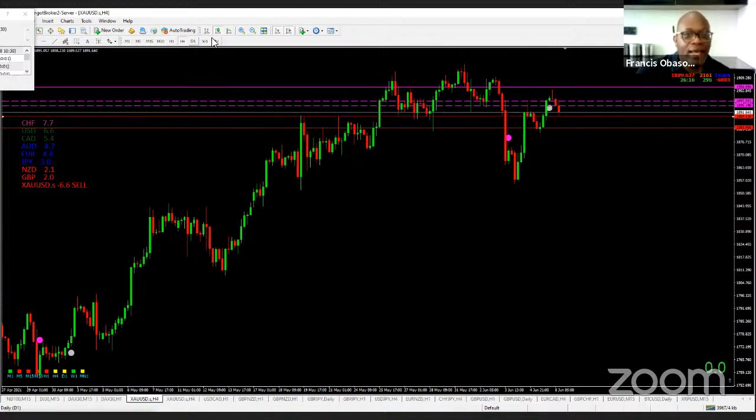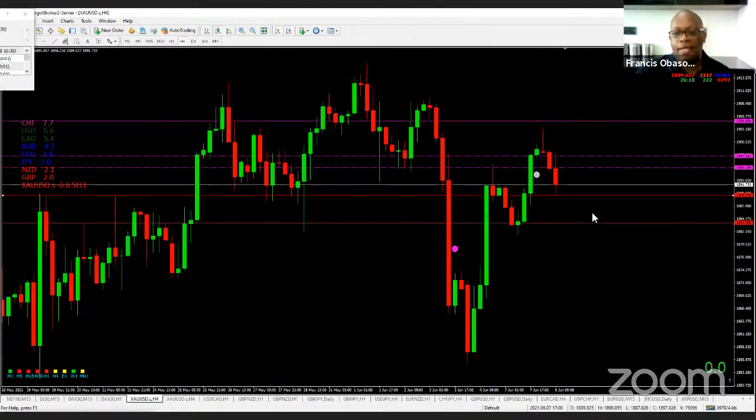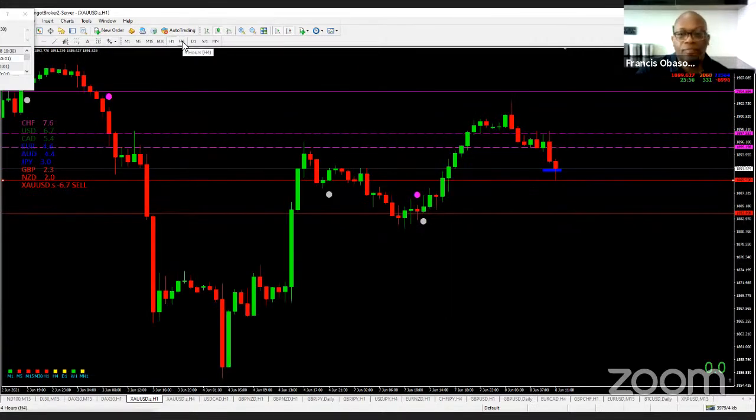Never say never anyhow. Having said that, never say never. Let's see. So if this pulls back up, if it pulls back up here, I will be looking to take this trade for a sell. But it has to pull back up here.